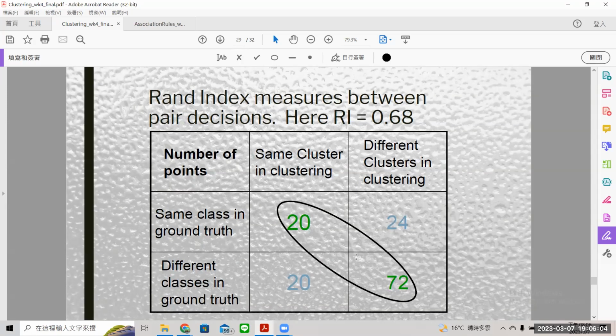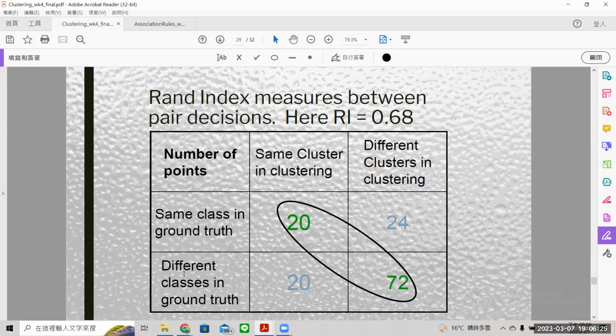This idea is very similar to the ROC curve. For example, if I think it should be in the right class and it really is in the right class, then it will be in this place.